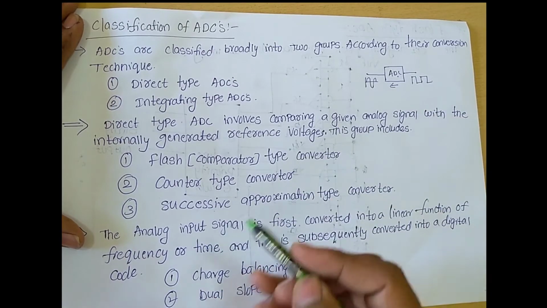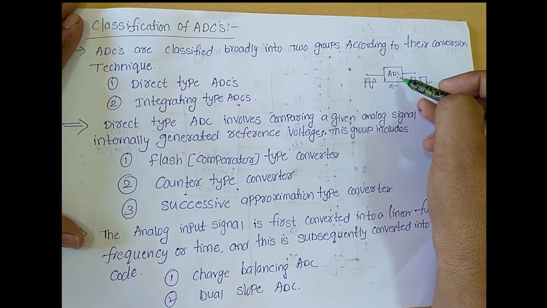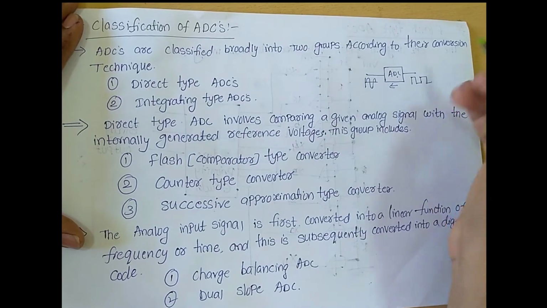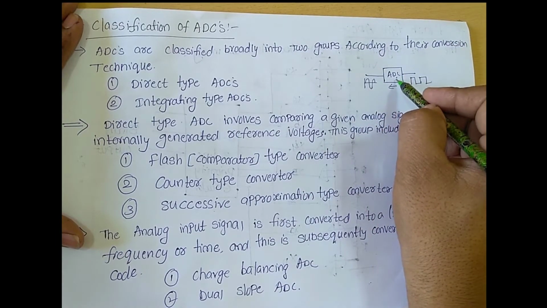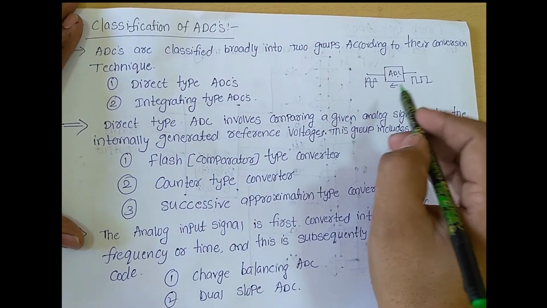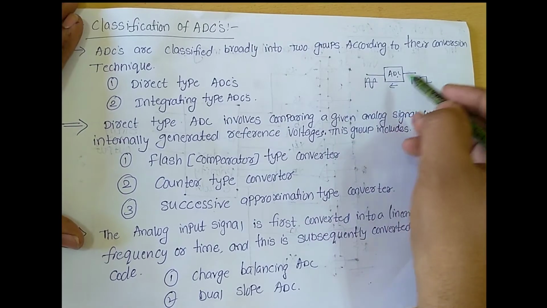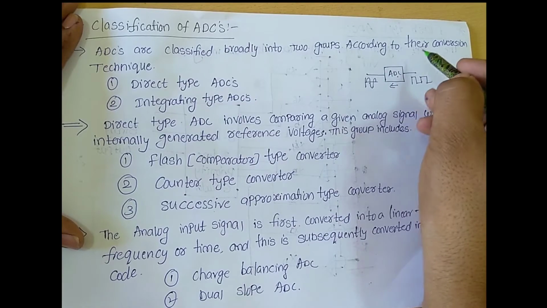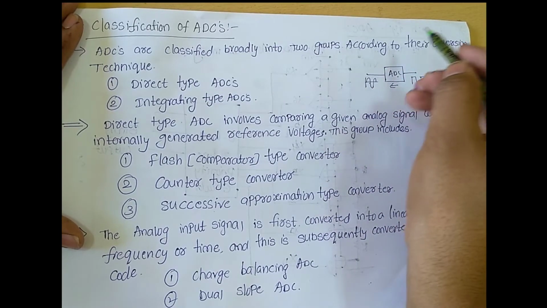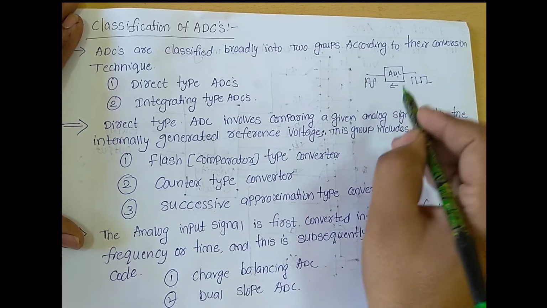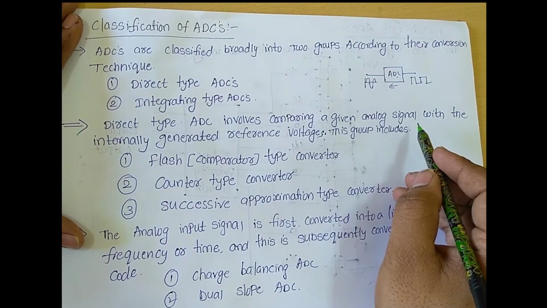For example, assume this converter is an integrated type. The circuit first converts the given input signal into a linear function of time or frequency, and later that function is converted into a digital signal. So this is the integrated type of analog to digital converter.